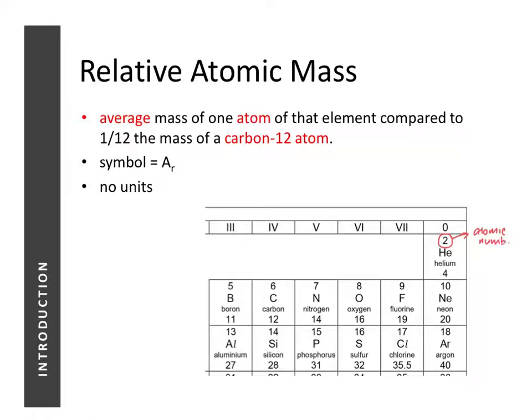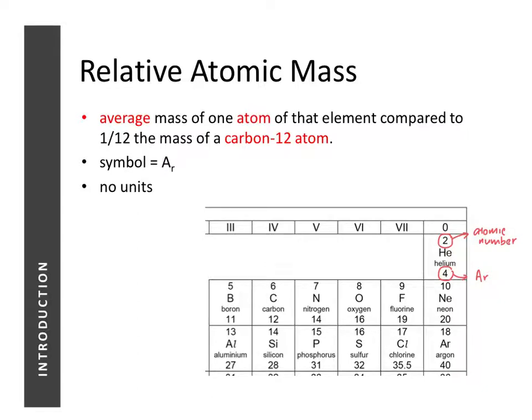It tells us the number of protons, which will tell us the number of electrons in that atom. The larger number is your relative atomic mass. So for an atom of a particular element, we can obtain the relative atomic mass by looking at the larger number for that element in the periodic table.